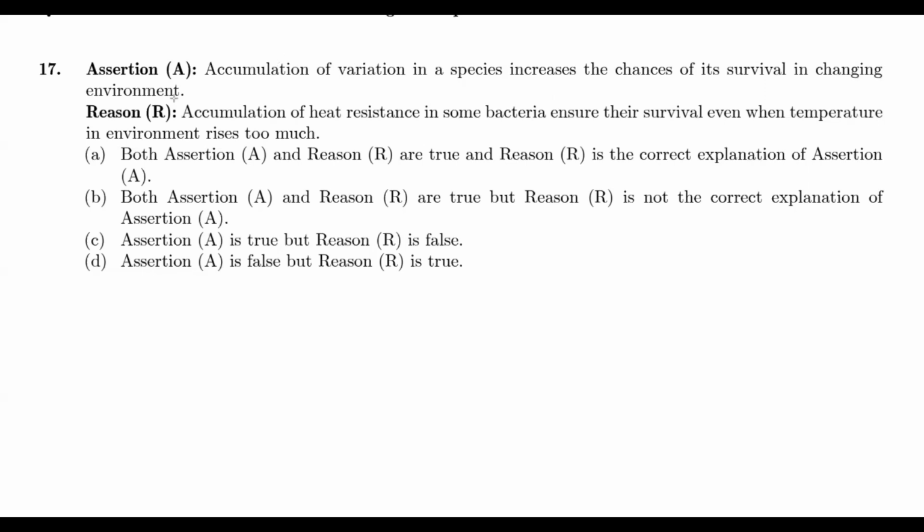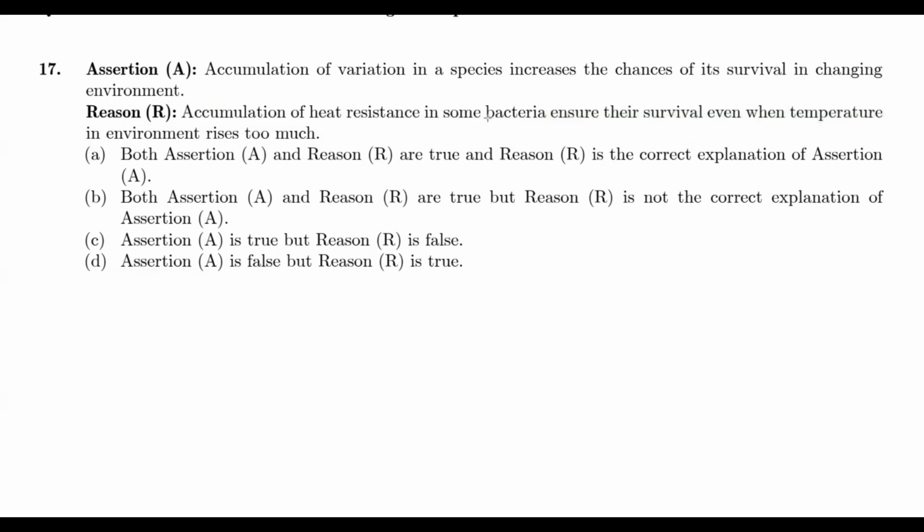The reason says accumulation of heat resistance in some bacteria. Well, you know that bacteria can survive in a very wide range of temperature. So heat resistance in bacteria ensures survival when the temperature of the environment rises too much. Well, this is also correct. Some bacteria, if they become heat resistant because of a variation taking place in the body, will ensure survival even when the temperature rises.